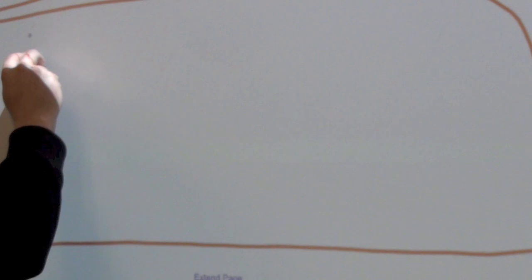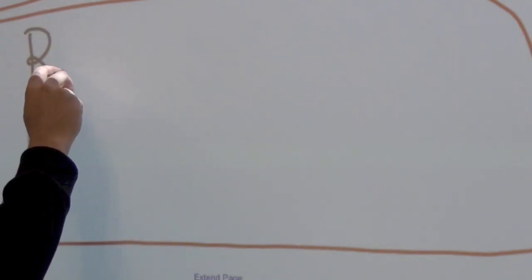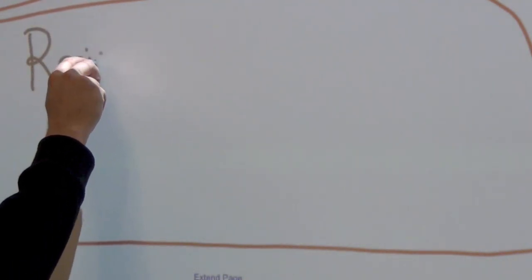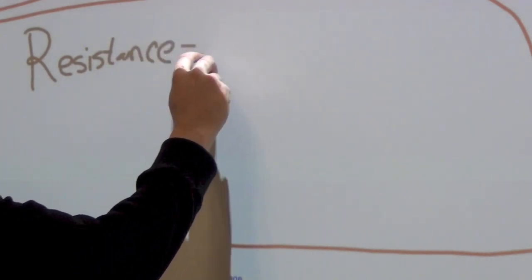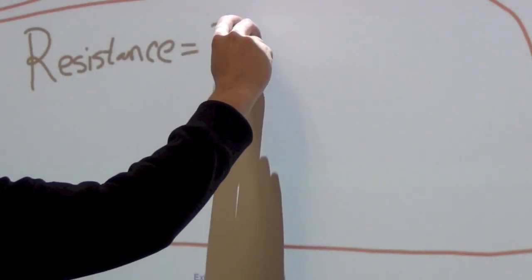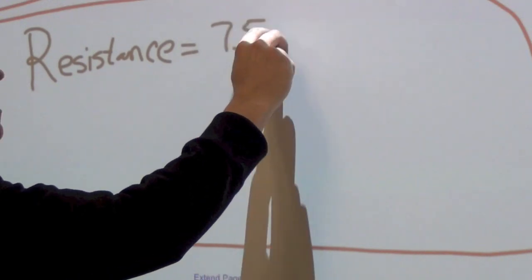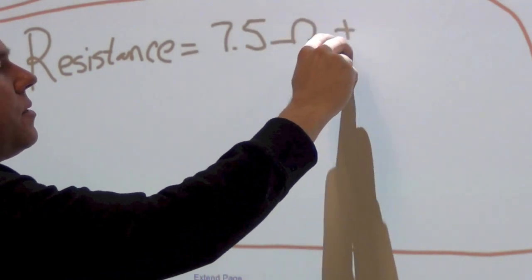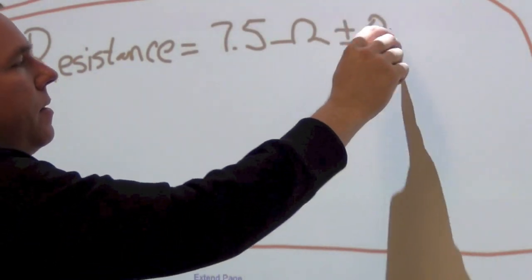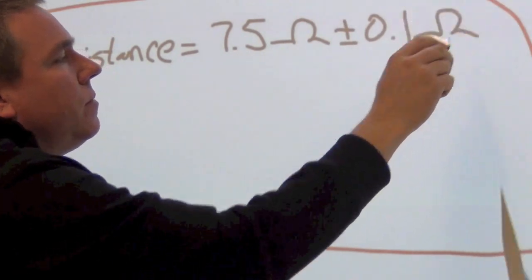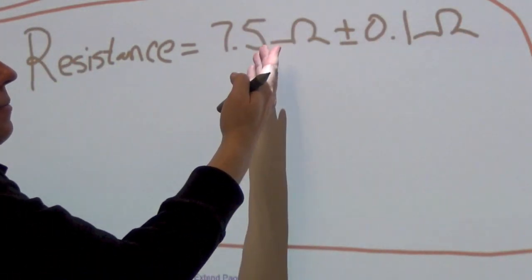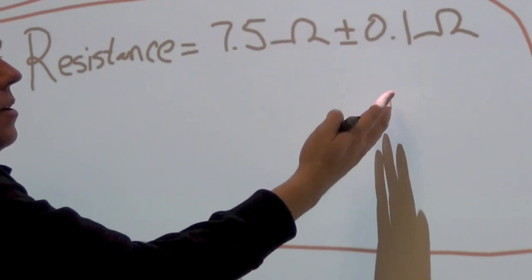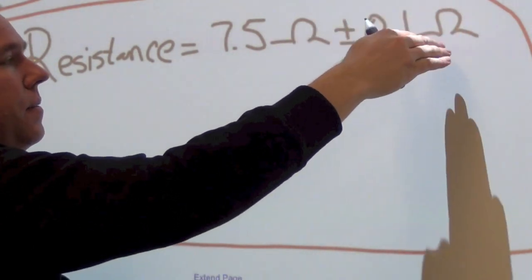We need to write down each measurement. So resistance is equal to 7.5 ohms plus or minus 0.1 ohms. Or if you'd like, you can take this 0.1 and divide by 7.5 and multiply by 100% and write that percentage here.